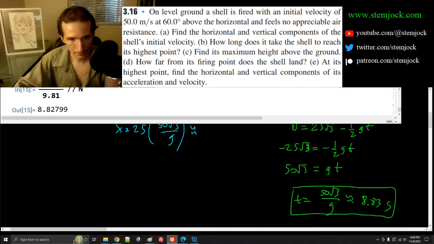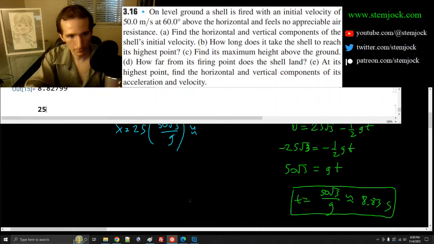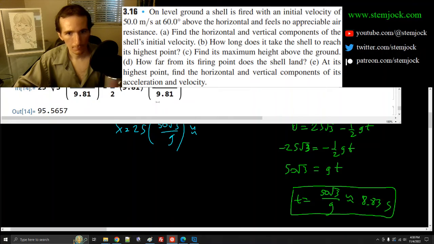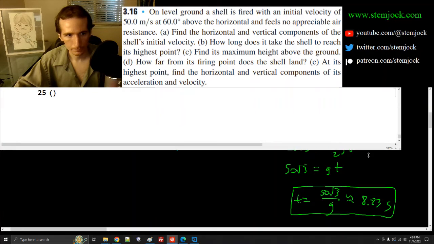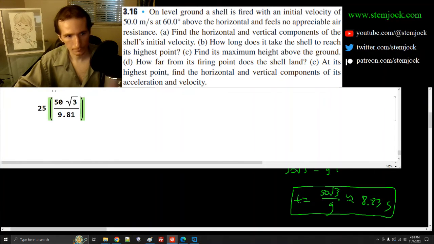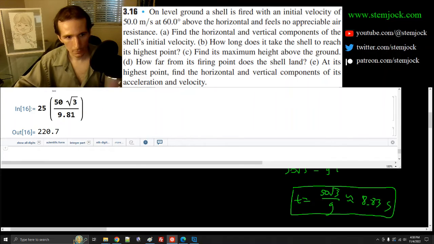Calculator time. Let's see, 25 times... copy and paste that. 221.